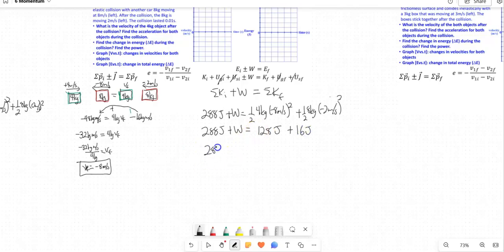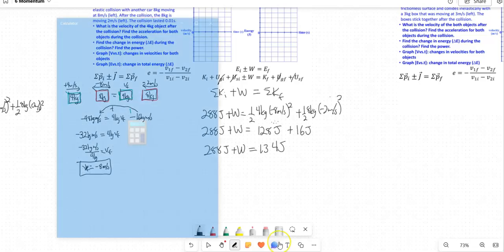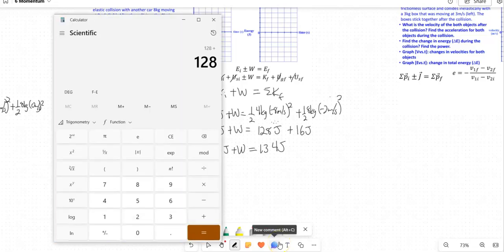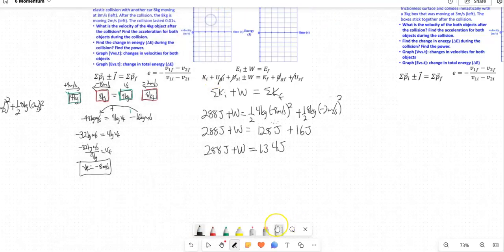So you could already see there's going to be a big difference in energy. So that's 134 joules. You know what? I don't trust myself. I know I just counted 128 plus 16, 144. I'm glad I don't trust myself. That's what I get for trying to trust myself.